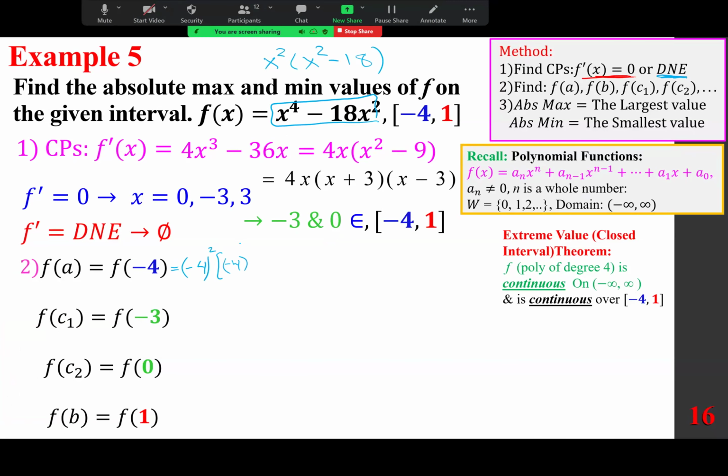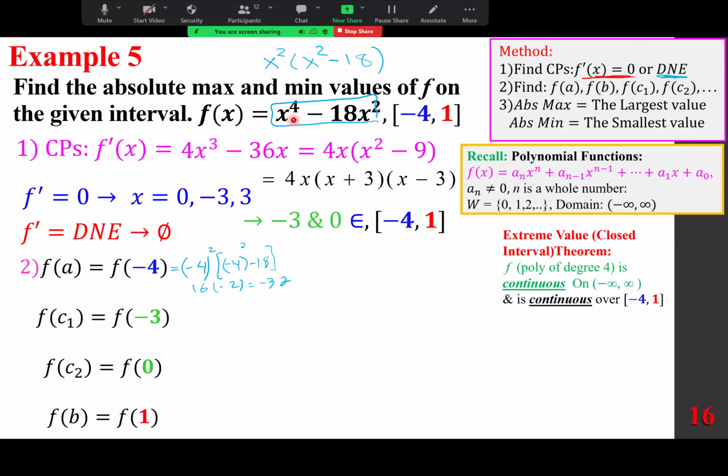Minus 18 makes it -2. And their product is -32. I'm telling you this because x to the power of 4, -4 to the power of 4 is 256. I hope you know that. But in case you don't know it, this factoring makes it fast.